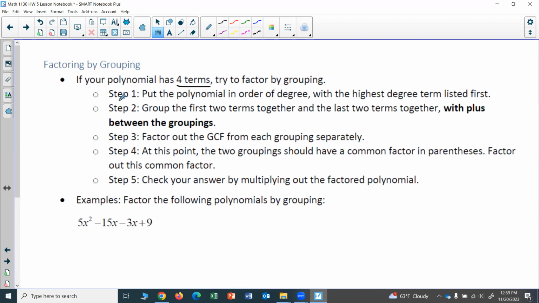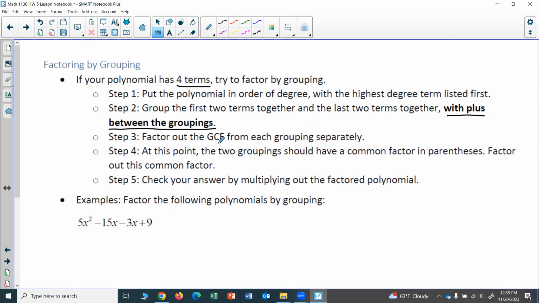Here are your steps. Step 1, put the polynomial in order of degree with the highest degree term listed first. Step 2, group the first 2 terms together and the last 2 terms together with a plus between the groupings. This will ensure that you don't make any mistake about factoring out the GCF in the second group.